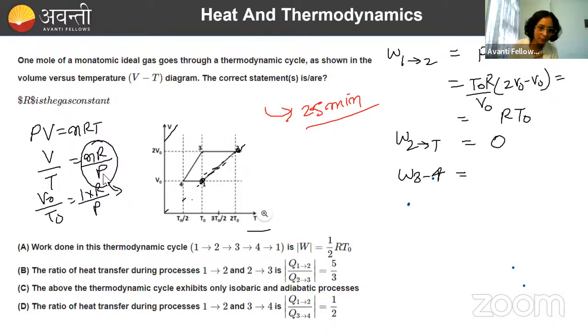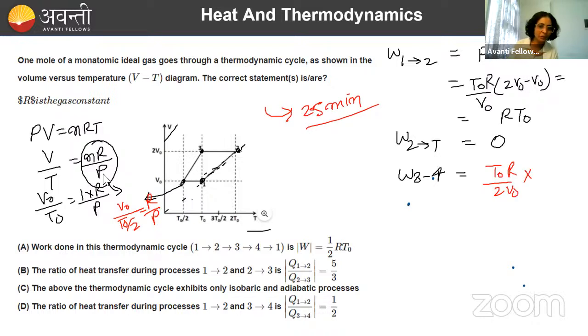So let's calculate pressure at point 3 or at point 4, wherever you feel comfortable. Let me calculate at 4. What will be the pressure here? Here volume is V naught, temperature is T naught by 2. So V naught by T naught by 2 equals R by P. Pressure will be T naught by 2 R by V naught.